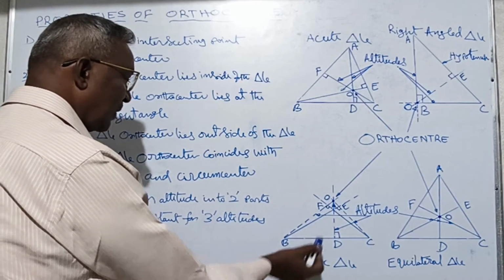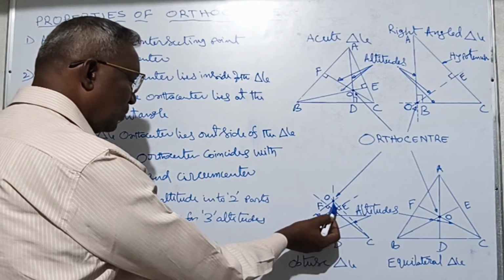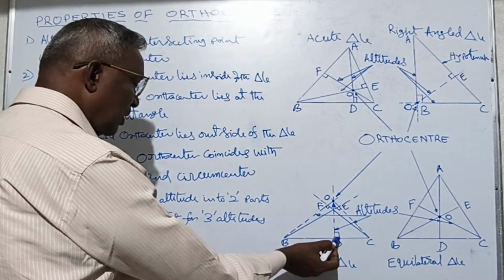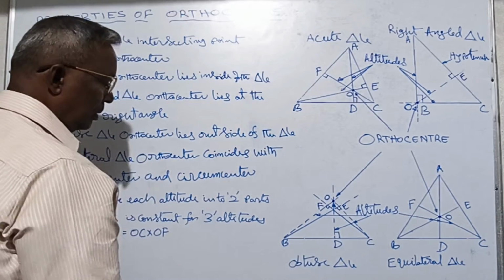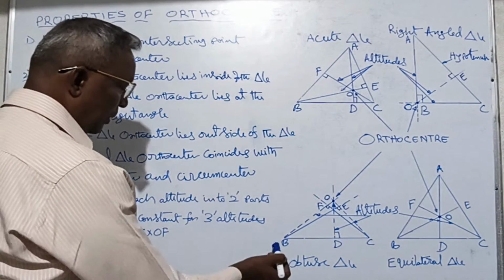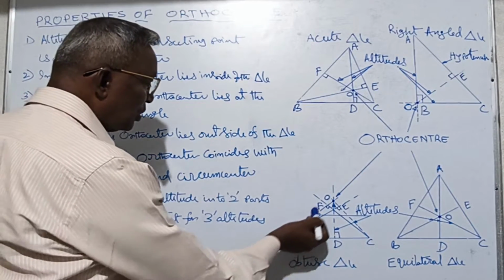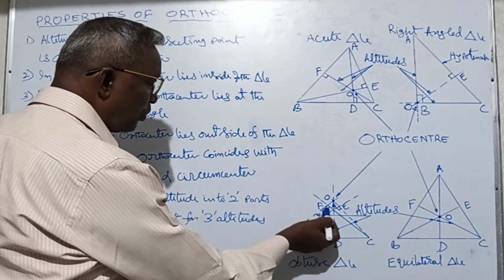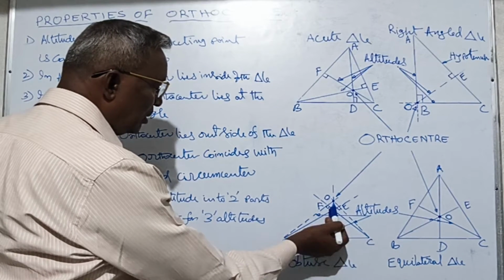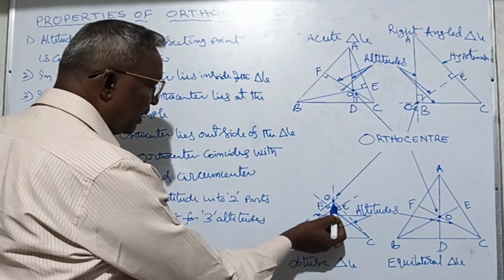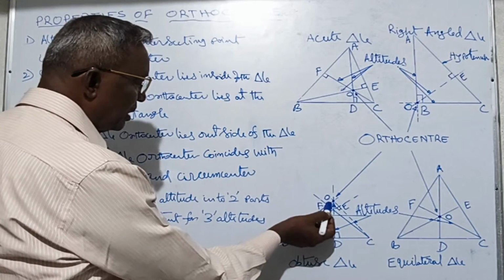Next, this altitude is from vertex A perpendicular to the opposite side. Same way, from vertex B perpendicular to the opposite side. Opposite side means actually this C up to A only, it is extended here.